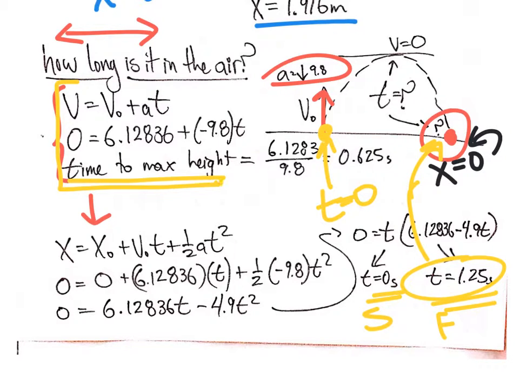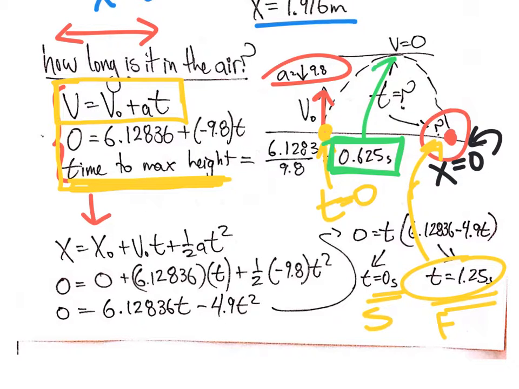Frequently finding time to max height is very helpful. We didn't need it for this question, but just using the vertical motion, we know our final velocity at the top of the flight is 0, and the initial vertical velocity and acceleration and time. So we can solve for the time to maximum height, and that's helpful in calculations.